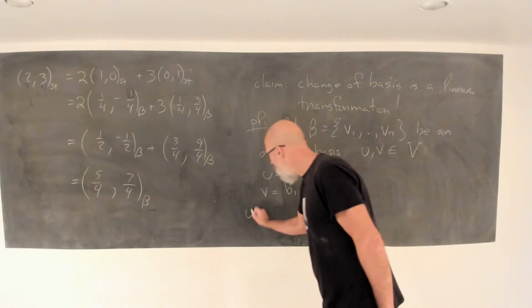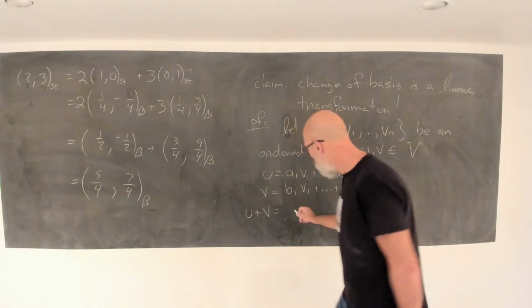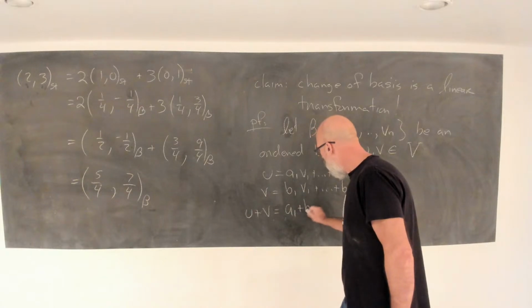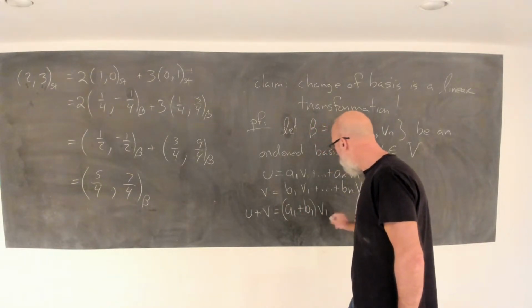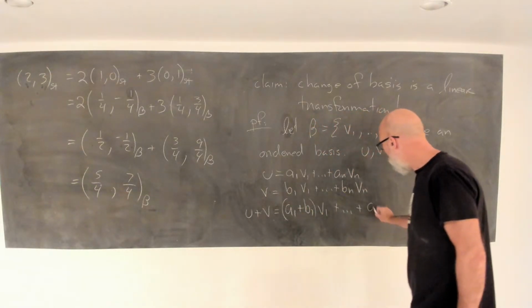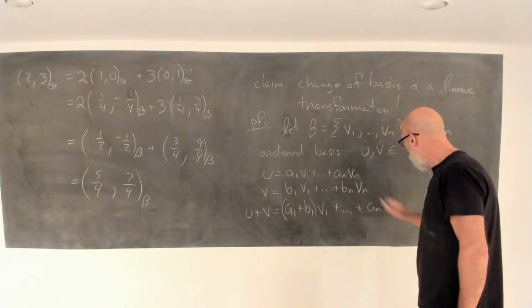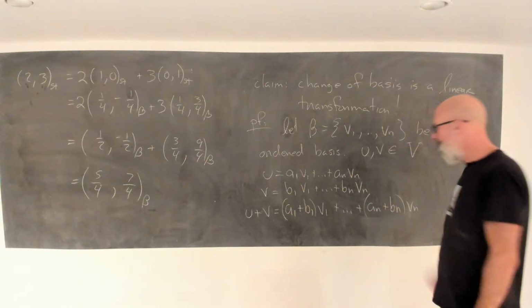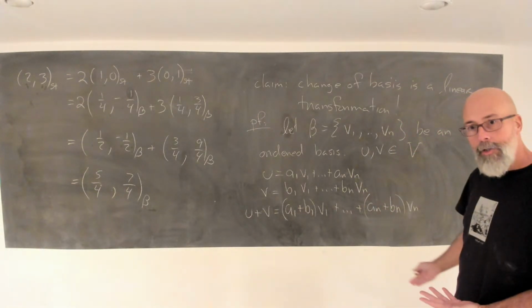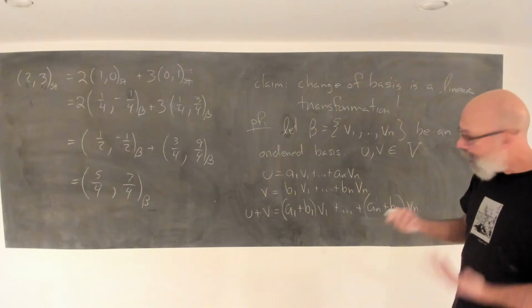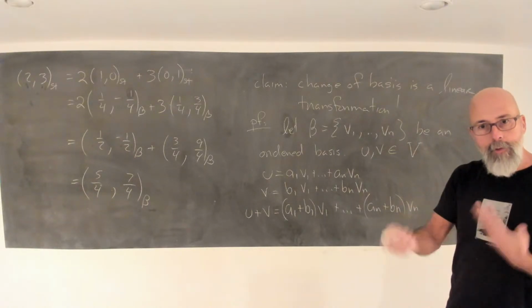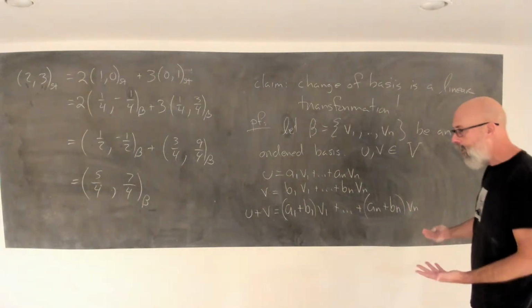Then u plus v can be written as (a1 plus b1) v1, and so on. This works, and by the unique representation property that we saw in the beginning, it's the only way to write it.